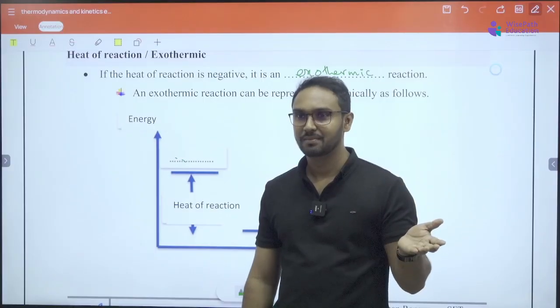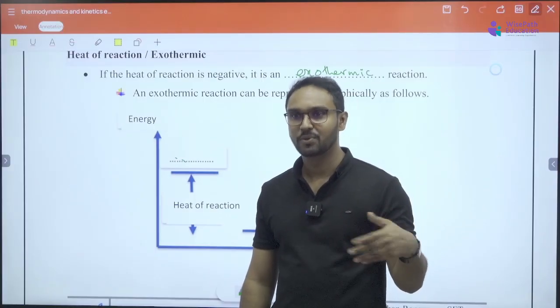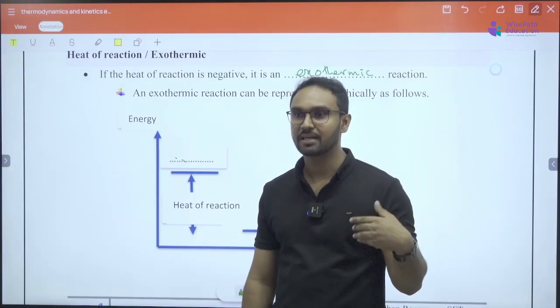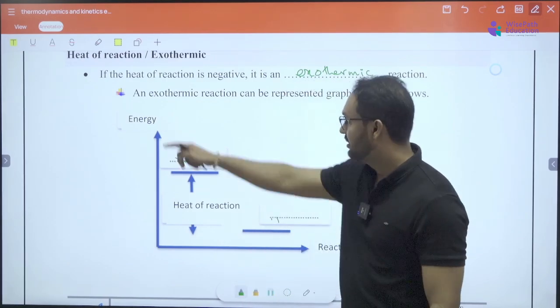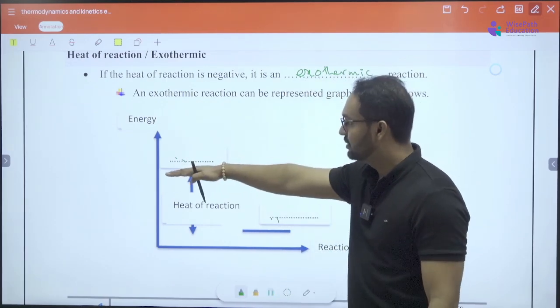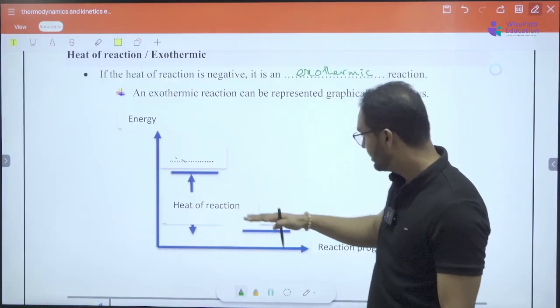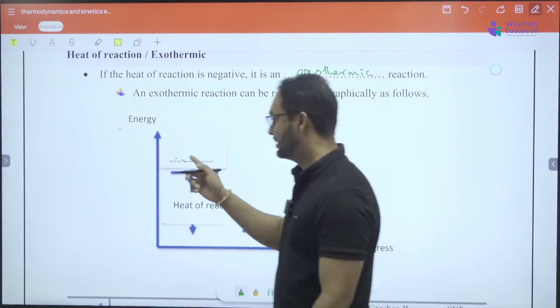Exothermic means more energy releases. So the reactant has more energy. So this should be reactants.